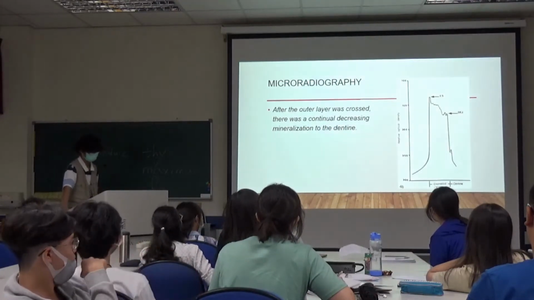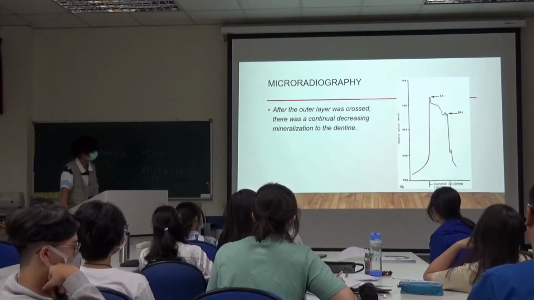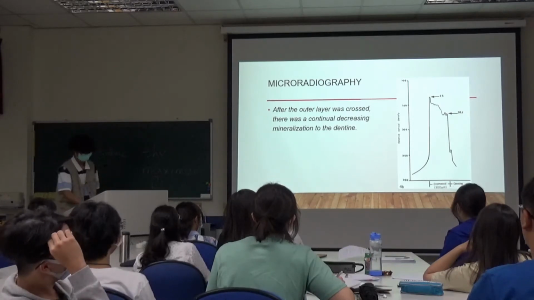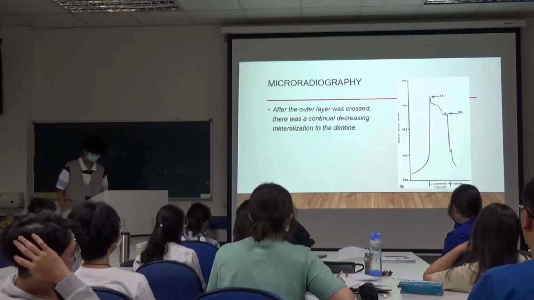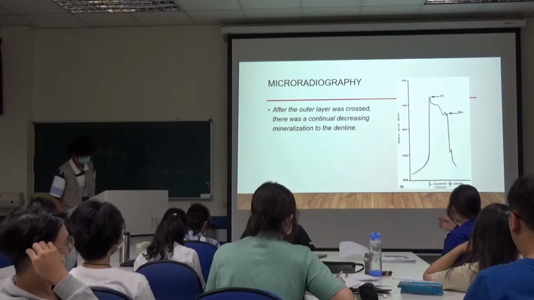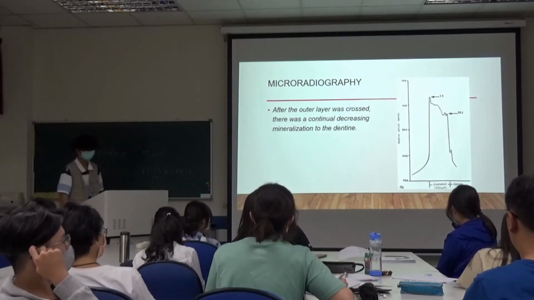So after the outer layer was crossed, there was a continuous decrease, as you can see, to the dentin. The y-axis means the density of the material, and this middle part is the enameloid section, and on the right is the dentin part.